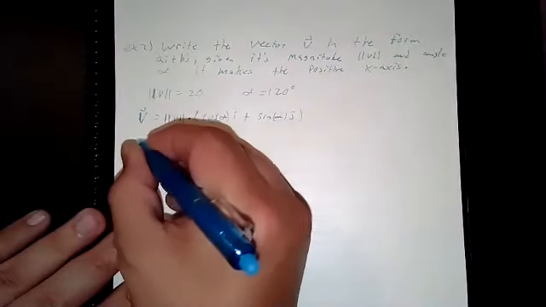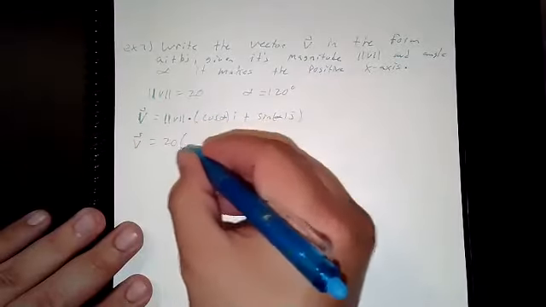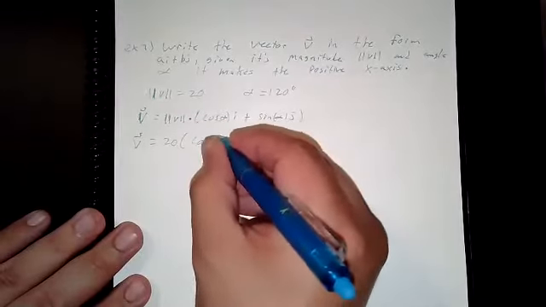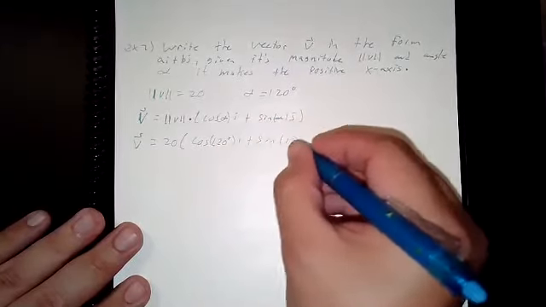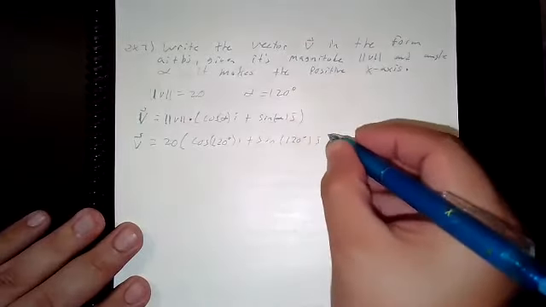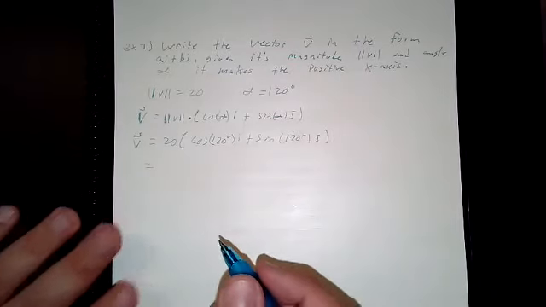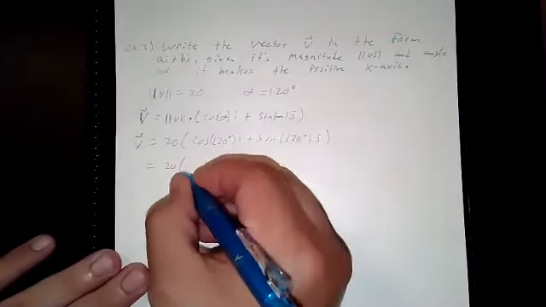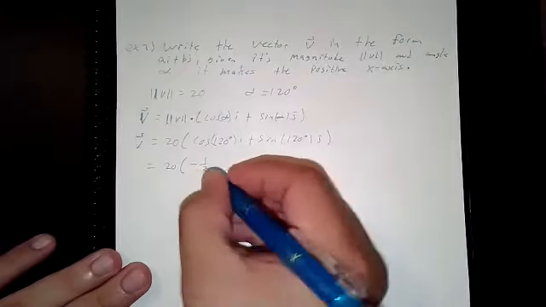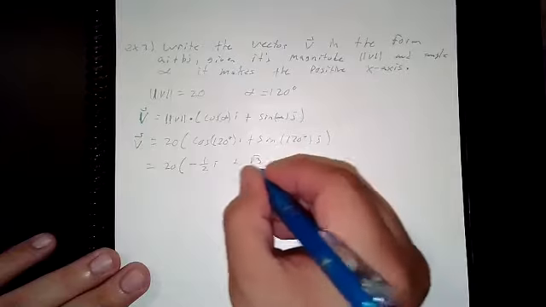We just plug it in: 20 times cosine of 120 degrees i plus sine of 120 degrees j. Cosine of 120 is negative one half, times i plus square root 3 over 2 j.